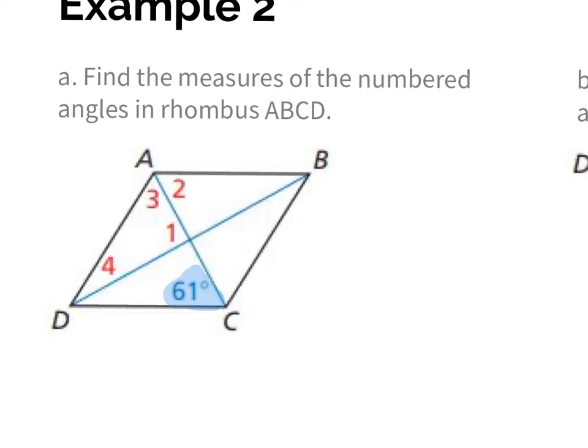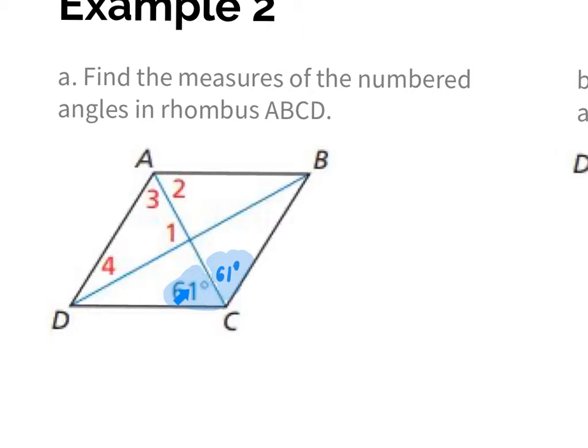That means if this angle is 61 degrees, then the angle next to it also must be the same, which is going to be, in this case, 61 degrees. Now, that is not one of the angles I'm trying to solve for, but that information is helpful because a rhombus is a special type of parallelogram, and in a parallelogram, the opposite angles are always congruent.